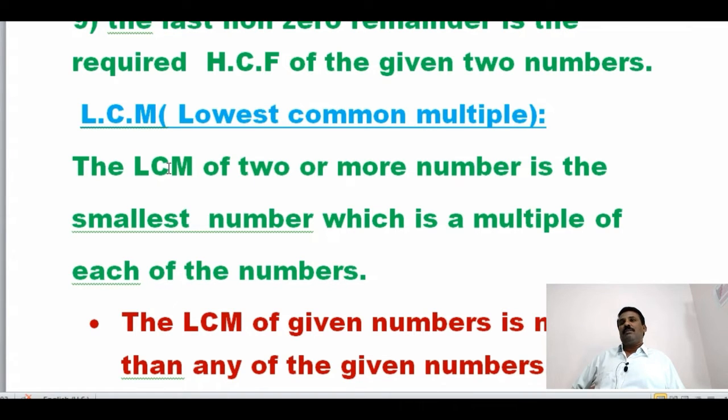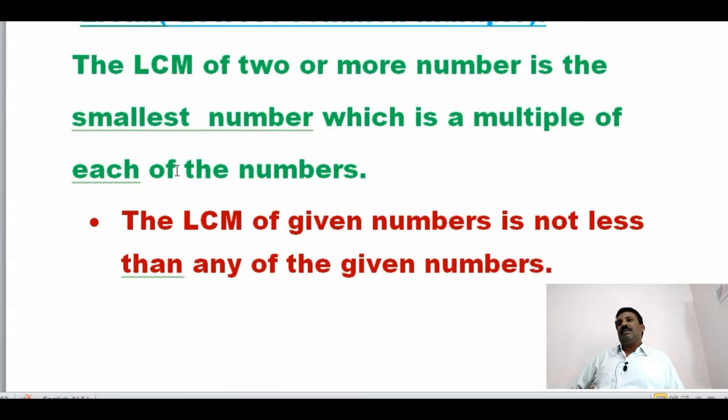Multiple means you multiply the given numbers by 1, 2, 3, 4, 5 like that. Then you should identify the common multiples, make a set, and identify the lowest. The lowest multiple is the LCM of the given numbers.